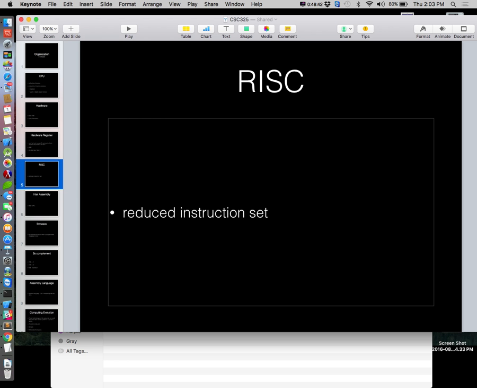Those numbers are likely humongously off. Probably it's more than twice, to be honest. But let's just say it's twice. What would the advantage be of having fewer instructions that the CPU understands versus having more instructions that the CPU can understand?